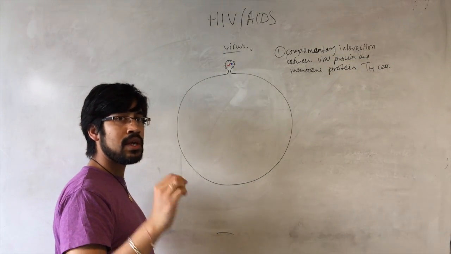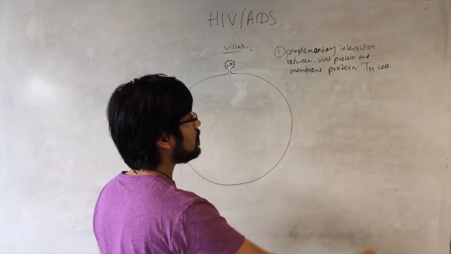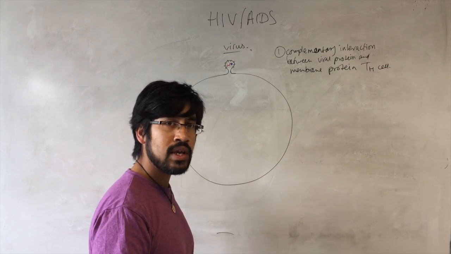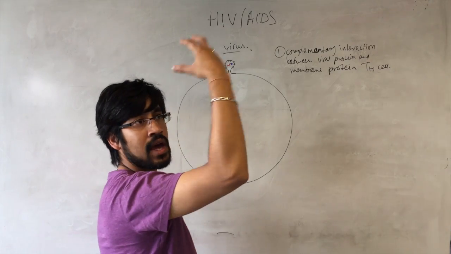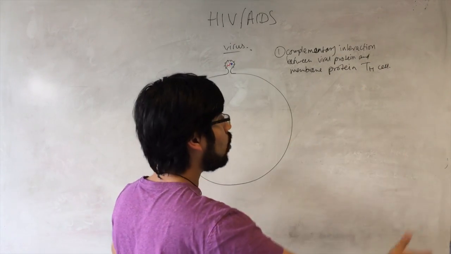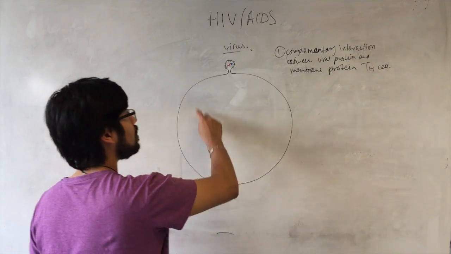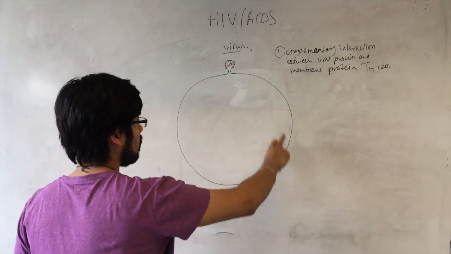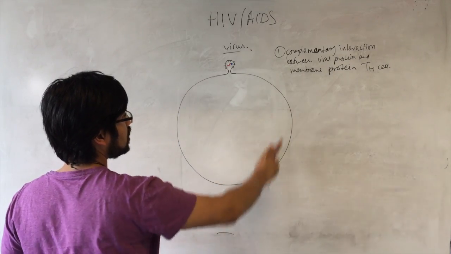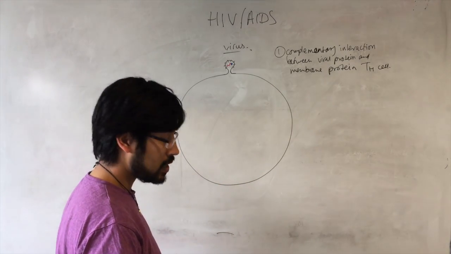So it's very important. Enzymes and substrates, inhibitors and enzymes, receptors and their ligands, hormones and receptors. Similarly, this, okay, the viral protein and the protein on the T helper cell surface membrane.